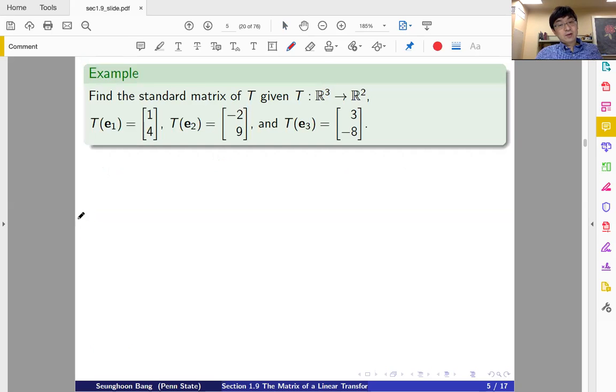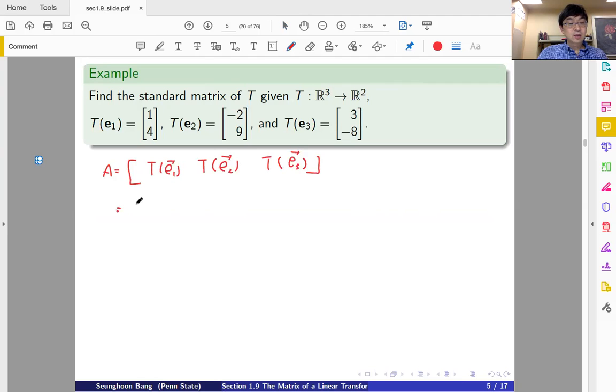Find the standard matrix of T, where T is from R3 to R2 and TE1, TE2, TE3 are given. How can you find the standard matrix? Not difficult. The standard matrix A is exactly TE1, TE2, TE3.